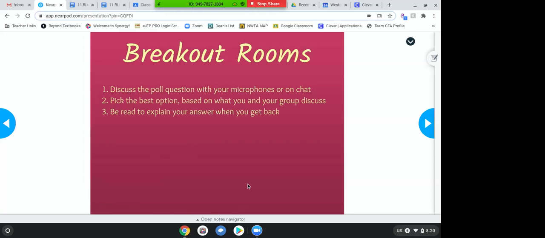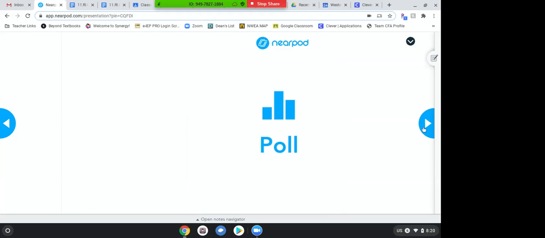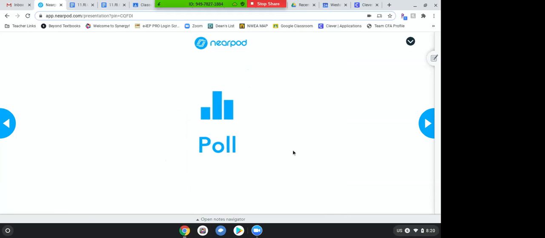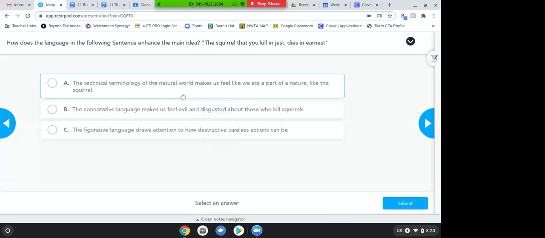So if you're asynchronous, you obviously do not have to use the breakout room, but I still want to check your knowledge here with the poll question, which is, how does the language in the following sentence enhance the main idea? The squirrel that you kill in jest dies in earnest. And you'll remember that this was actually an example for your assignment.